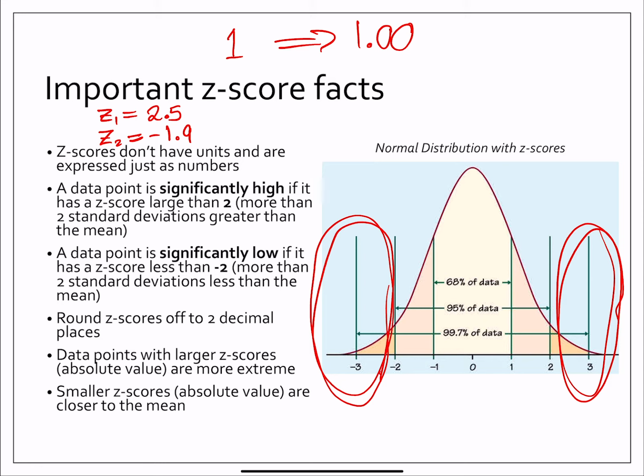What about these 2 z-scores? Let's say we were weighing baby elephants, right? We're weighing baby elephants, and the first baby elephant had a weight z-score of 0.95. The second baby elephant had a weight z-score of 1.2, and the third baby elephant had a weight z-score of negative 0.5.